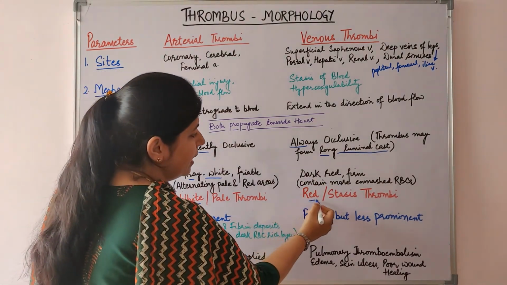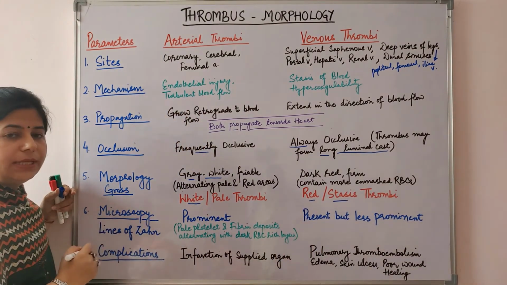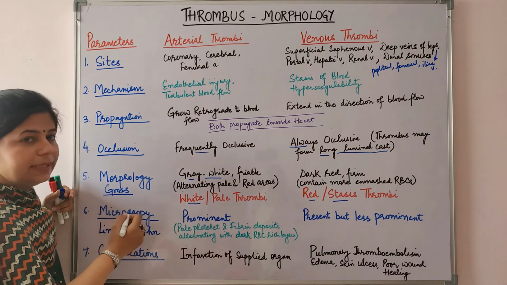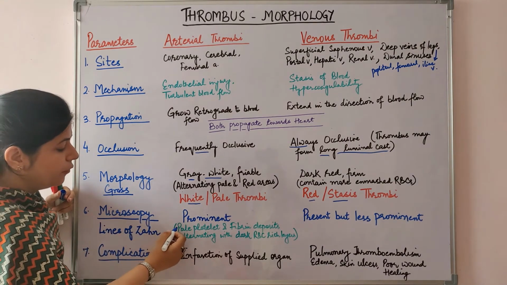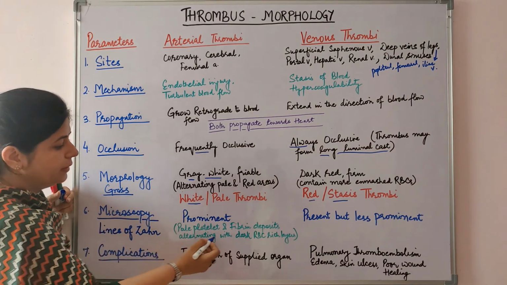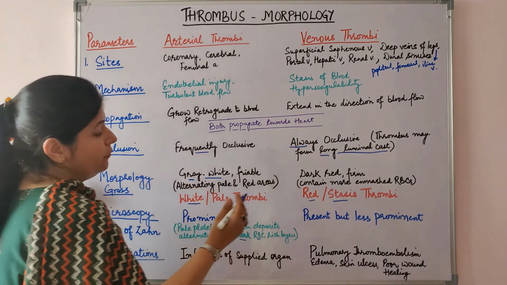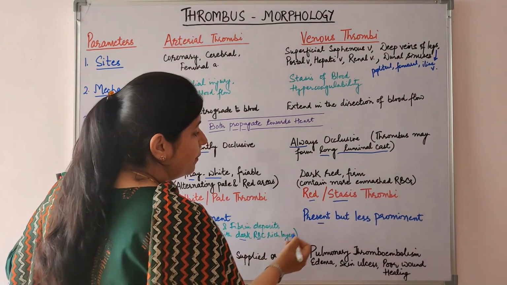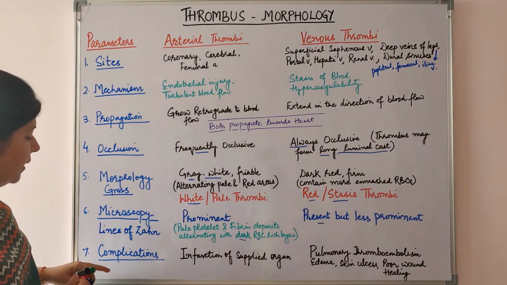These are called red or stasis thrombi. And on microscopy, lines of Zahn are prominent in arterial thrombi. These lines of Zahn are formed by pale platelet and fibrin deposits which alternate with dark RBC-rich layers. In venous thrombi, lines of Zahn are present, but they are less prominent as compared to arterial thrombi.